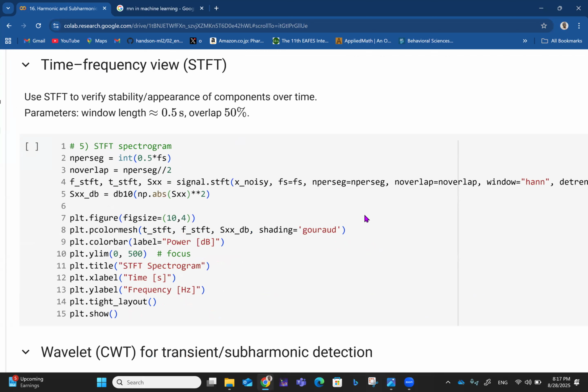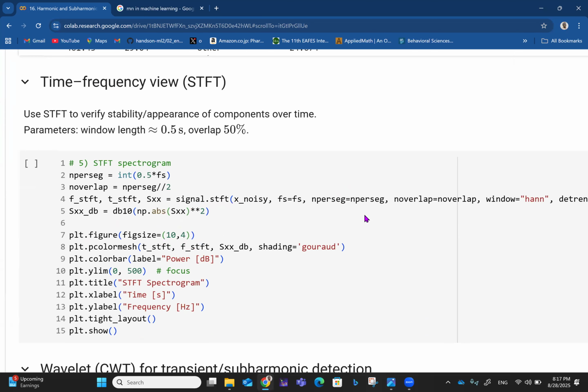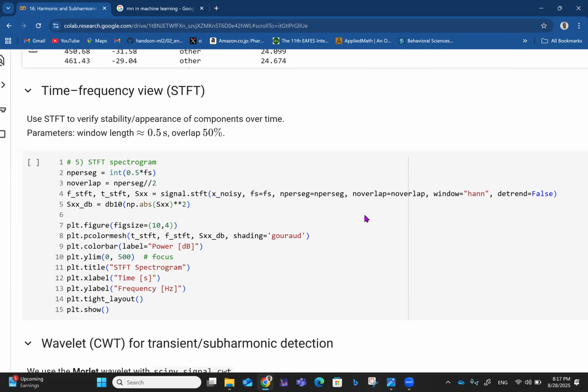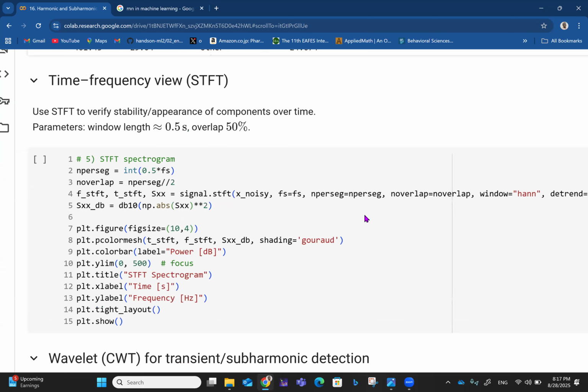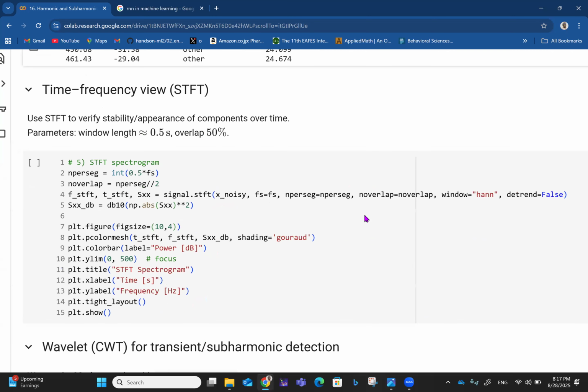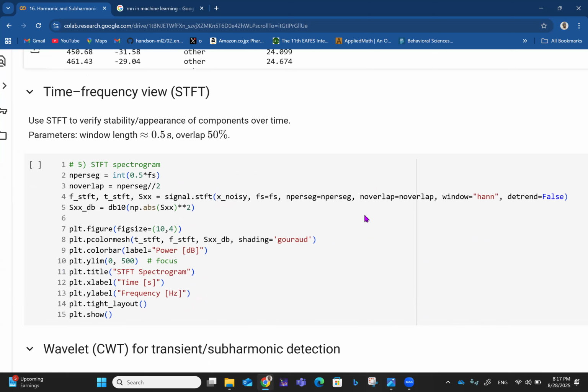Next we'll talk about the time frequency view using STFT. You can use STFT to verify the stability or appearance of components over time. We have parameters: a window length of approximately 0.5 seconds, overlapping at 50%.